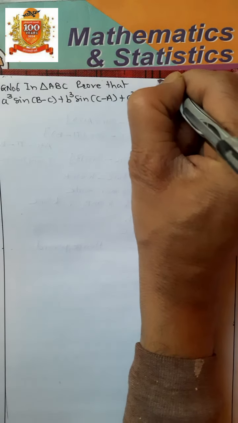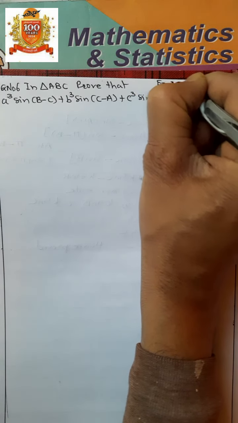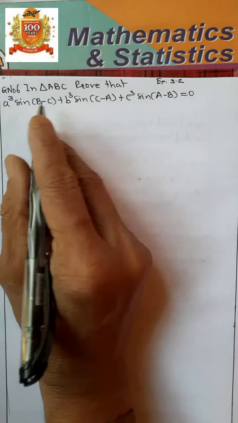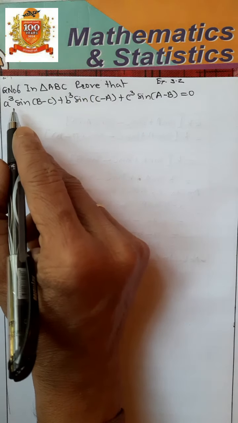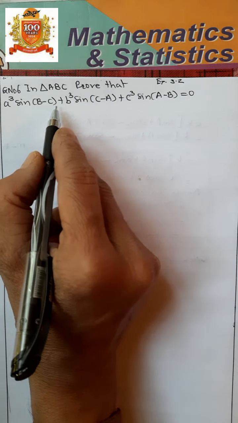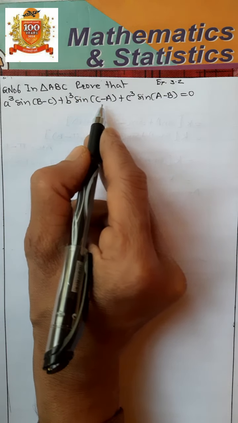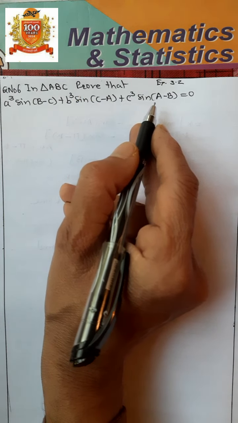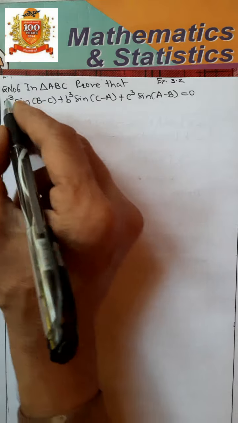of exercise 3.2. In triangle ABC, prove that a cube into sine (b minus c) plus b cube into sine (c minus a) plus c cube into sine (a minus b) is equal to 0. Proof.